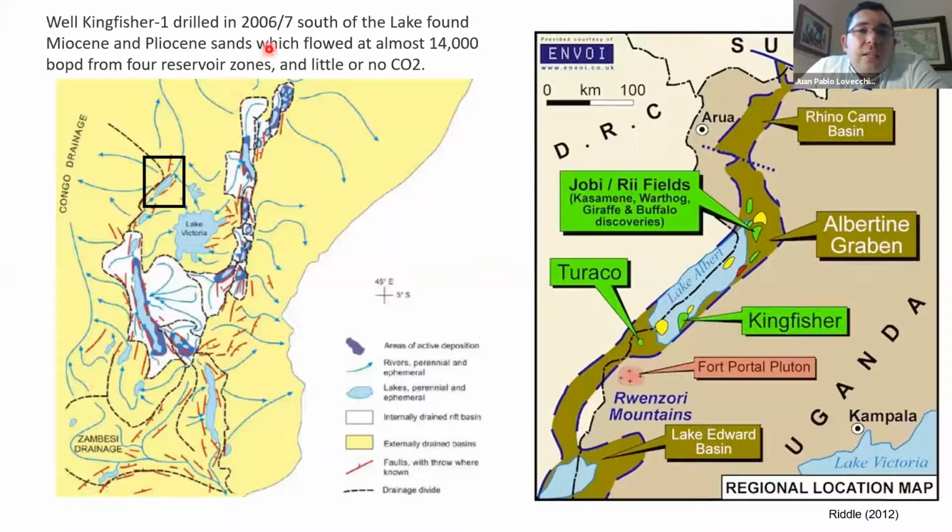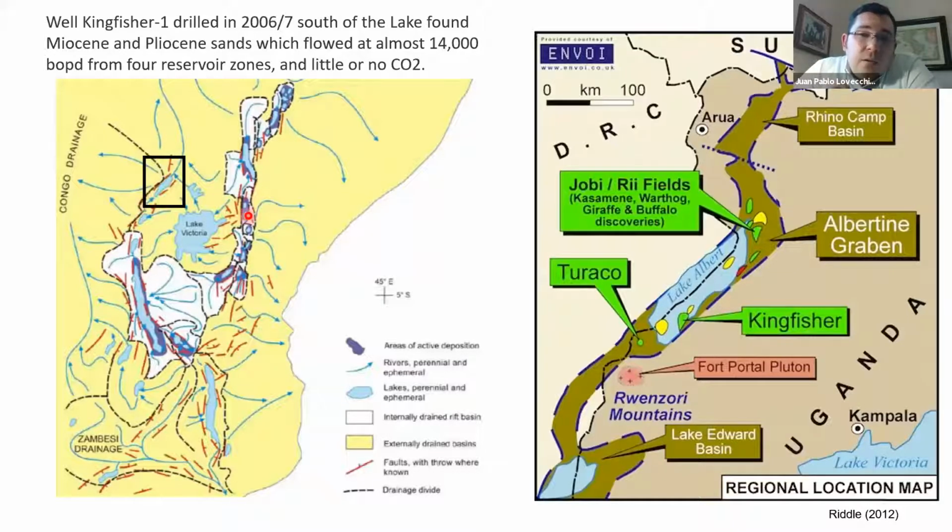And in 2006, they drilled this well, Kingfisher, that found Miocene to Pliocene sands that flowed 14,000 barrels of oil per day with little CO2. A problem that they have here is that because they have a lot of volcanic activity around, they can have CO2 in the reservoirs, but in this case they found the right spot with very good hydrocarbon flow.